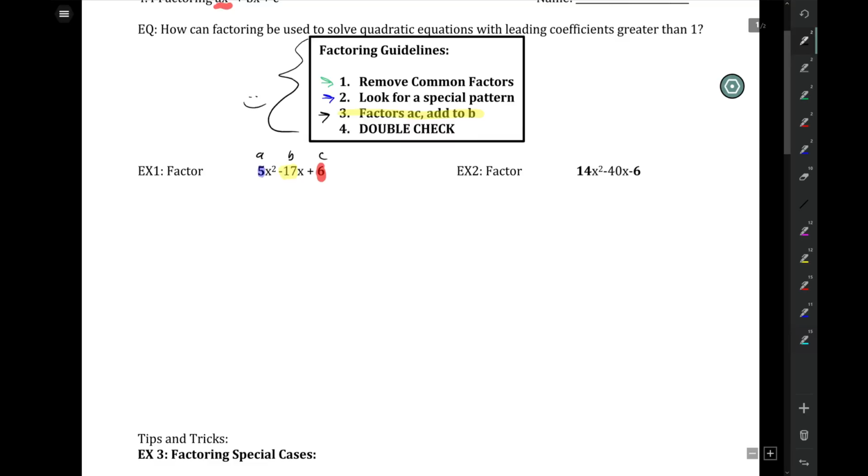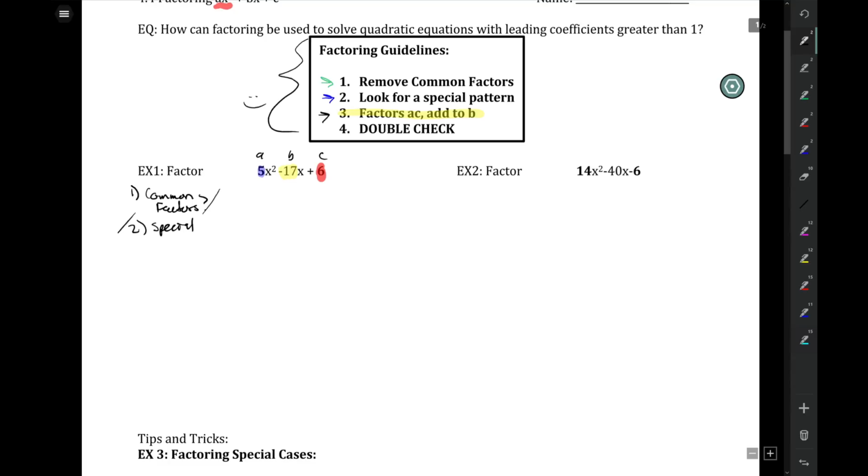Okay, the easiest way I like to do this, well, first let's look for common factors. There are none, so we don't need to worry about removing them. Two, special pattern. Again, we'll talk about that later.